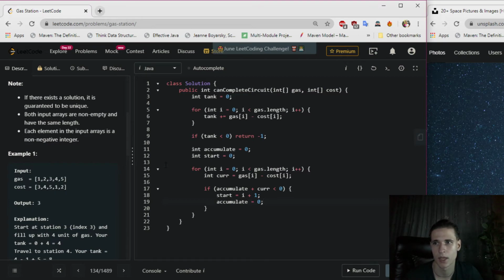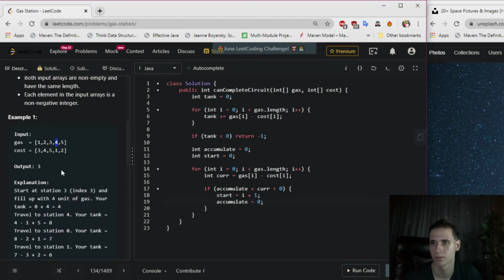So accumulate equals to 0. And gas at I equals to 4. 0 plus here just 4 minus 1 equals to 3, right?